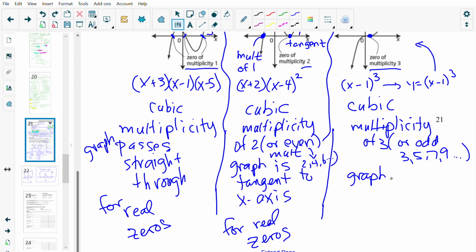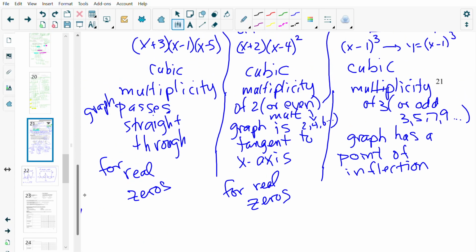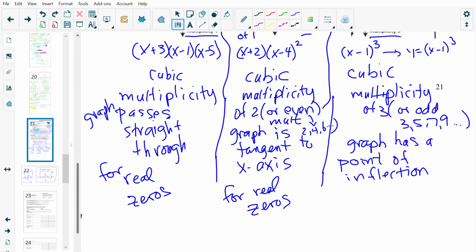The graph has a point of inflection. So this point of tangency, point of inflection, remember this for when you take calculus, it will come up a lot. The graph has a point of inflection on the x-axis.